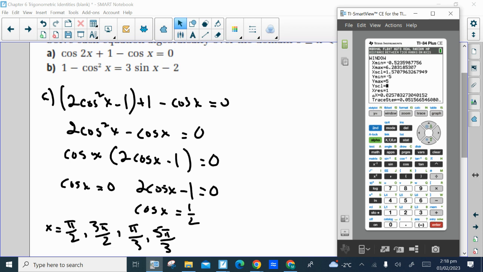So now when I hit graph, I should only see 4 points of intersection because I found 4 answers. And I do. And you can check them. You can go into the trace mode and you can let x equal pi on 2. That was our first answer. And that works. Y does equal 0 there. You can go 3 pi on 2.